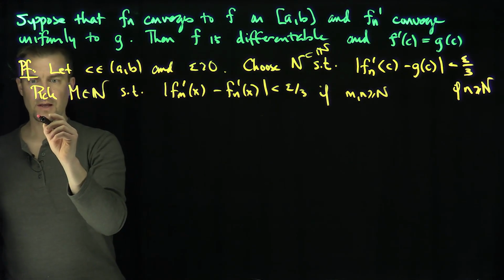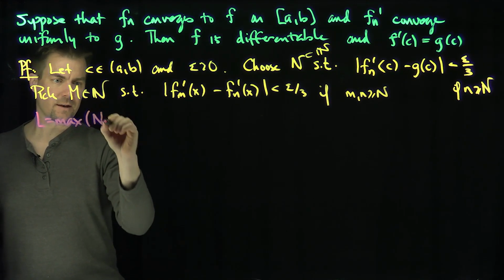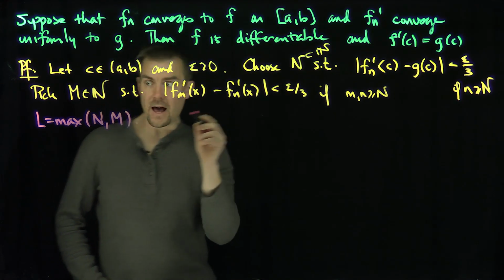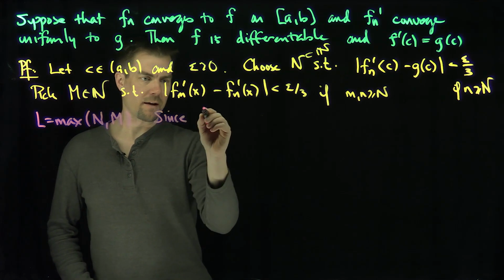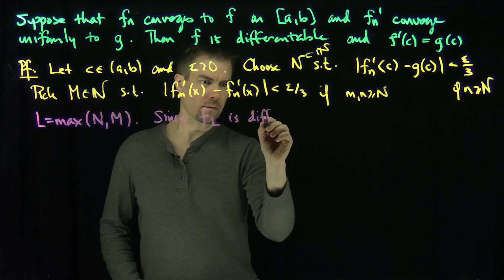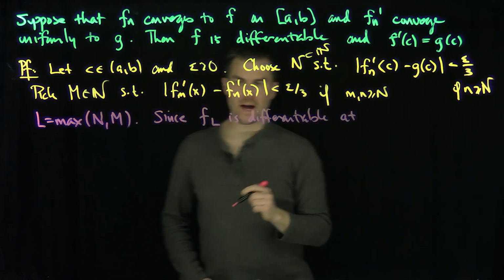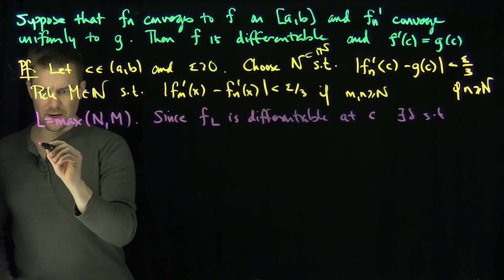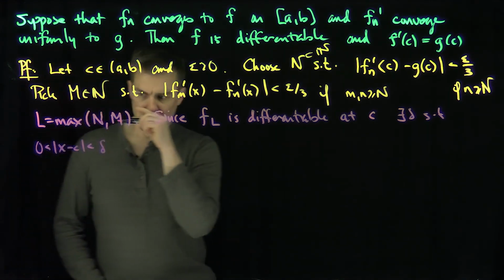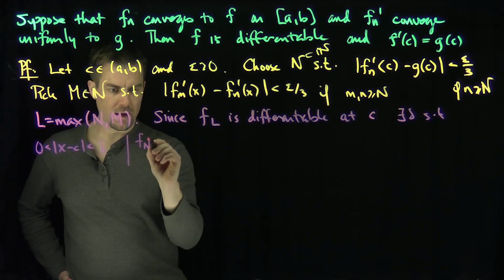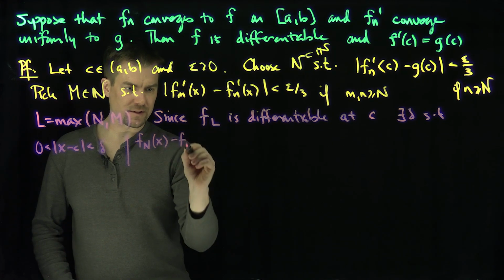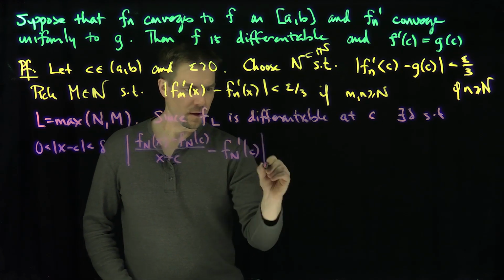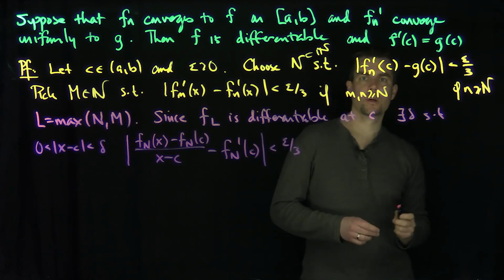L is going to be the max of n and m, so that both of these conditions are going to be true once we're past the level L. And so now, since FL is differentiable at C, there is a delta such that if x minus c is bigger than 0 and less than delta, then we can say that this difference quotient, FL of x minus FL of c over x minus c, minus FL prime of c, can be made less than epsilon over 3 if I wish. Now we basically have all the components.